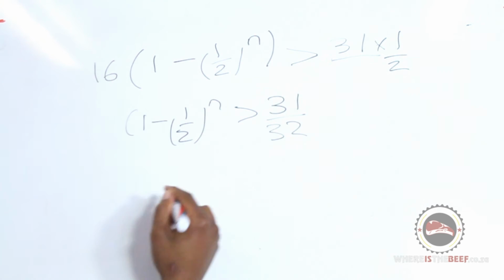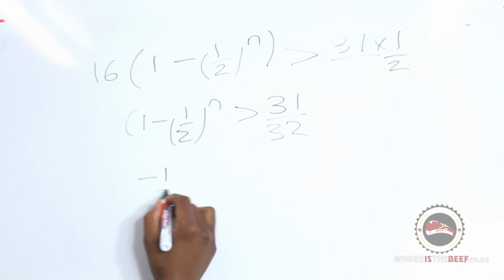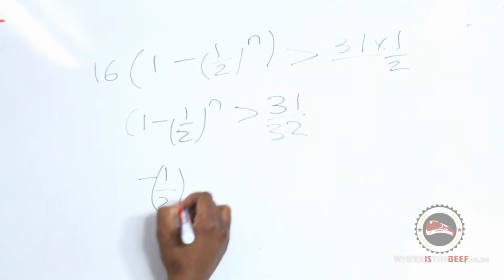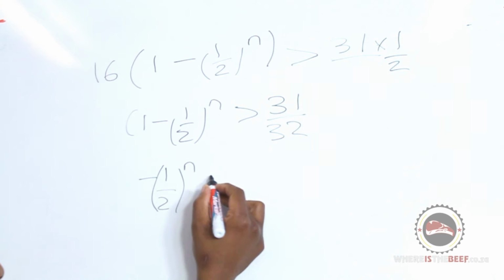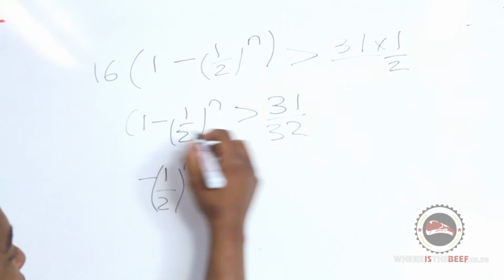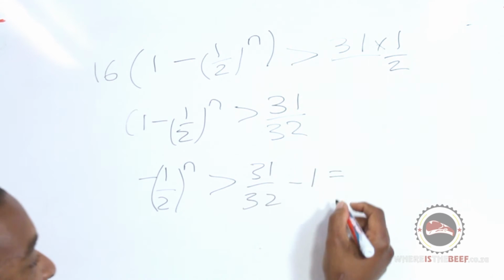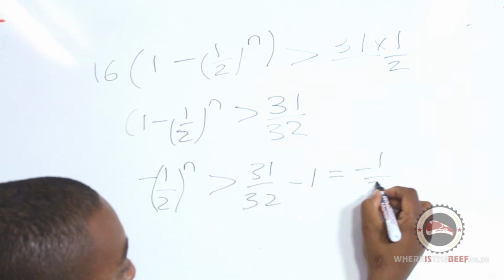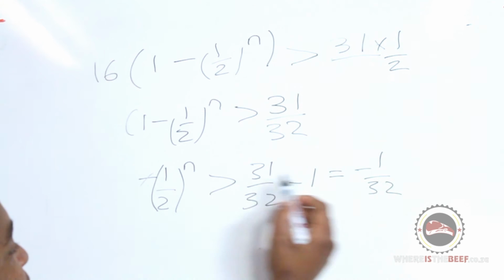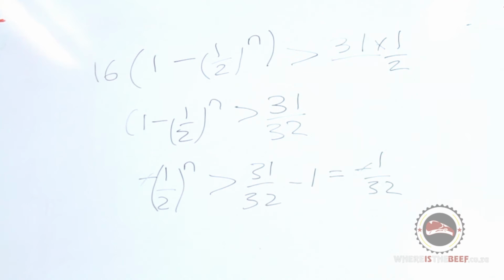So we take the 1 to the other side and we are left with a negative bracket 1 over 2 to the power of n bigger than 31 over 32 minus 1. And that in a nutshell will give us minus 1 over 32. The negatives will cancel. I'm sure you guys know that.